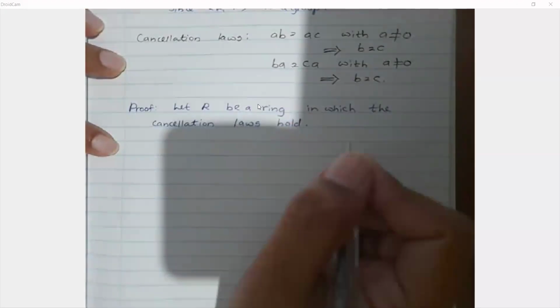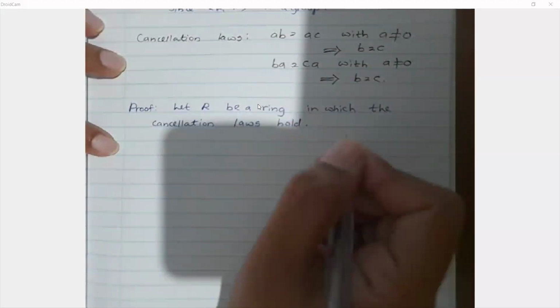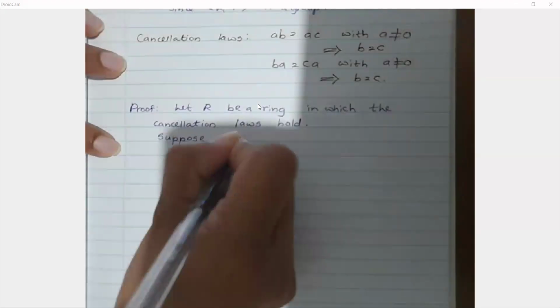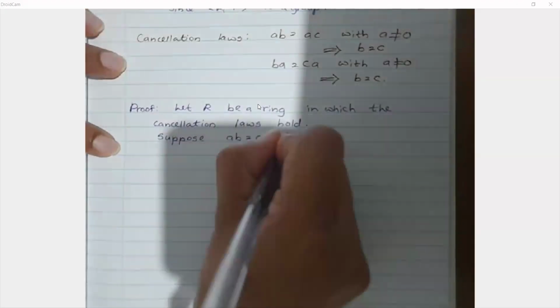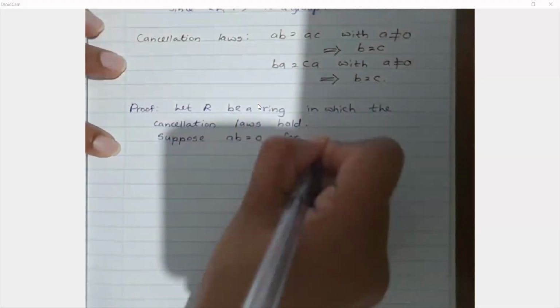So for some A, B in R, let's suppose that their product gives you 0. Suppose A times B is equal to 0 for some A, B in R.